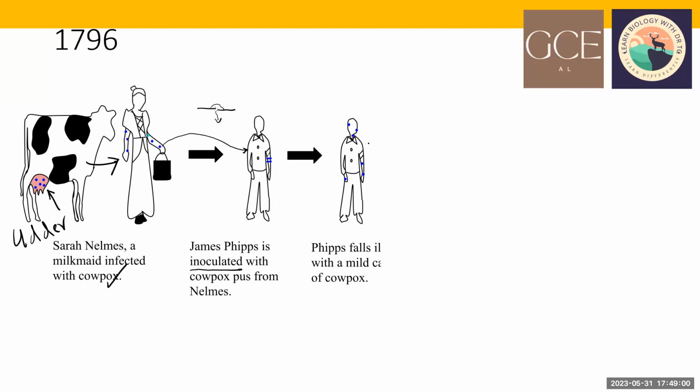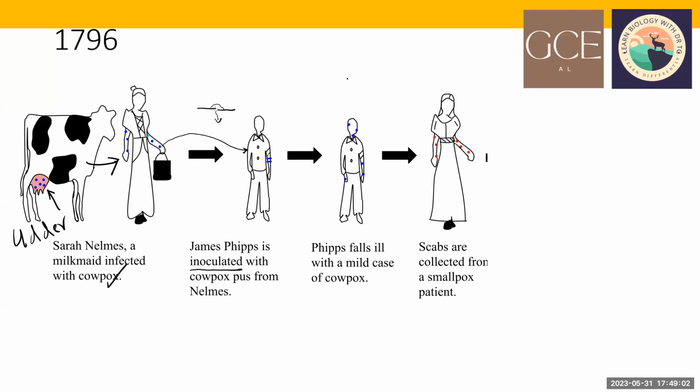Then next, what he did this time, they collected the scabs. Scabs are the fresh blisters when they are dry, a bit of dried blisters. And they collected this content from a smallpox patient.